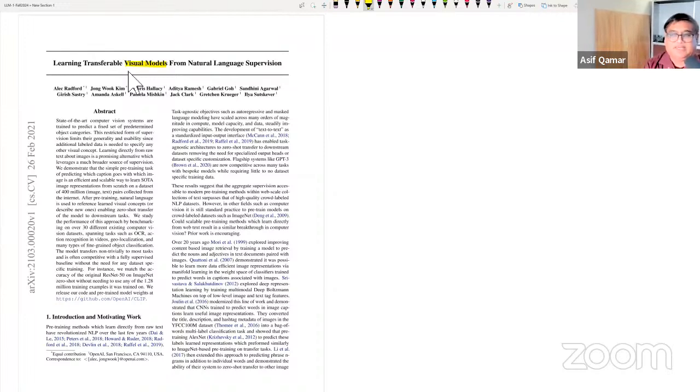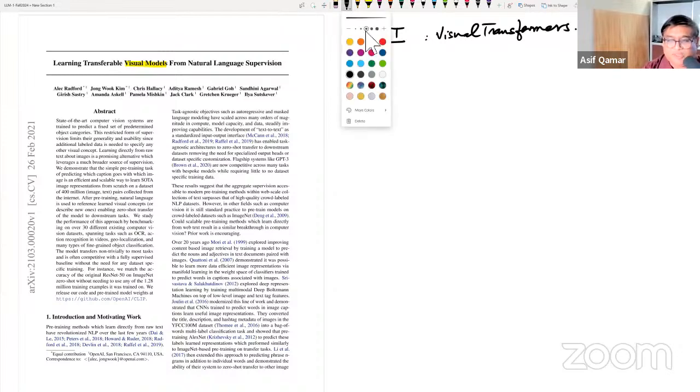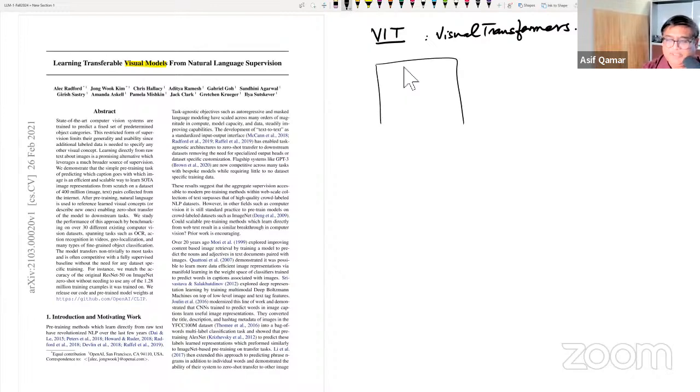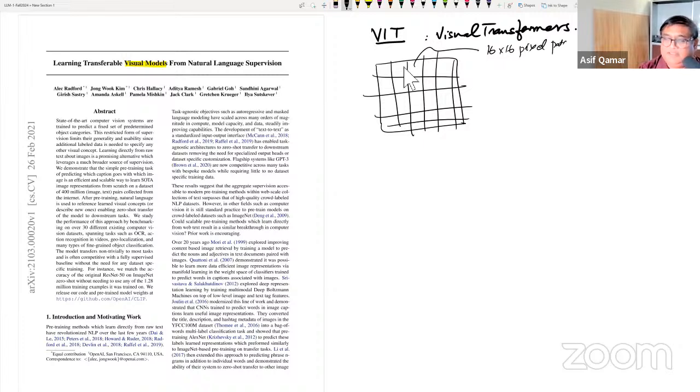We do know that, if you remember, we covered ViT, right? Visual transformers. How does a visual transformer work? It works by taking an image, slicing it up into patches, 16 by 16 pixel patches, putting all those patches together, rendering each of the patches into a vector.